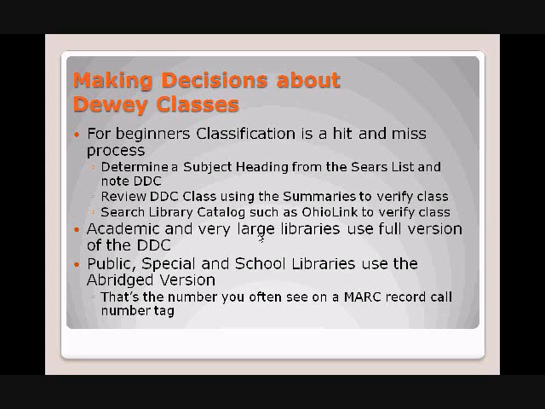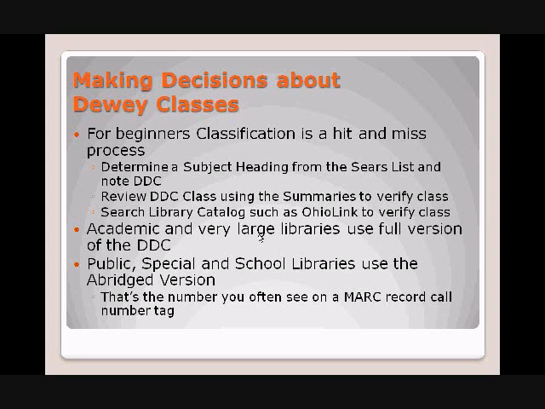Then we review the Dewey Decimal class that Sears lists in order to verify that our item actually belongs there. So we look it up in Sears first, we find the Dewey class, then we go to the Dewey summaries to see if that's a really good fit for our item. And then other places you can go to verify the class is other library catalogs such as OhioLink. You can look and see if similar items are classed there.